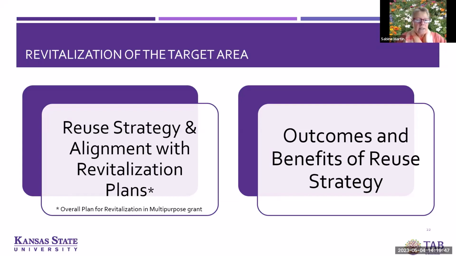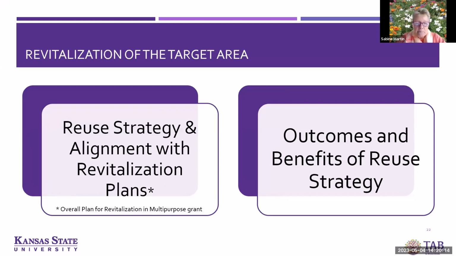Okay, so this is another subsection of this big umbrella section of project area description and plans for revitalization that we're going to be talking about now, which is the revitalization of the target area. Here is what EPA wants to know. What you need to write to is the reuse strategy for your brownfield sites, your priority sites, and the alignment with any revitalization plans that you may have.